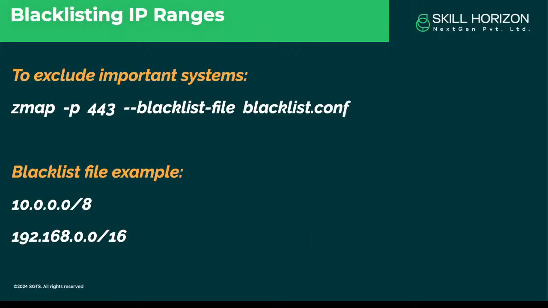If you want to exclude some IP ranges, you can create a blacklist configuration file and provide that file with the help of --blacklist-file and then your target. So those targets stored in this configuration file will not be scanned, right?